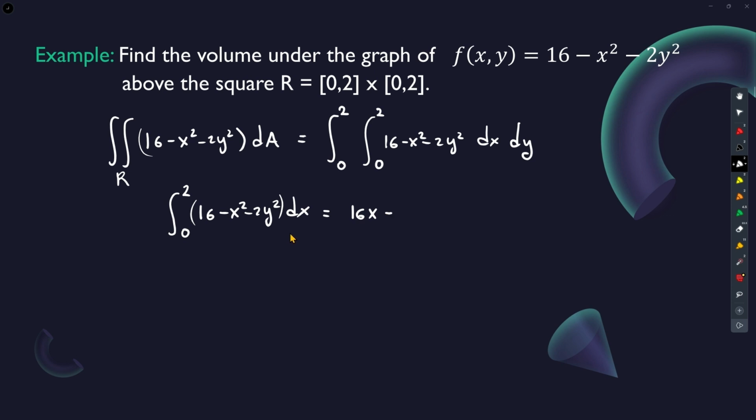The integral of x squared is x cubed divided by 3. And the integral of 2y squared is just another constant, so it's 2y squared x. And now I'm going to evaluate at 0 and 2.